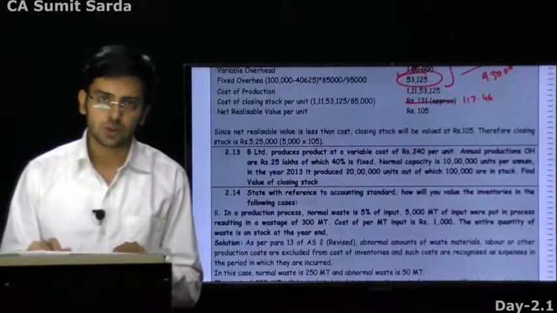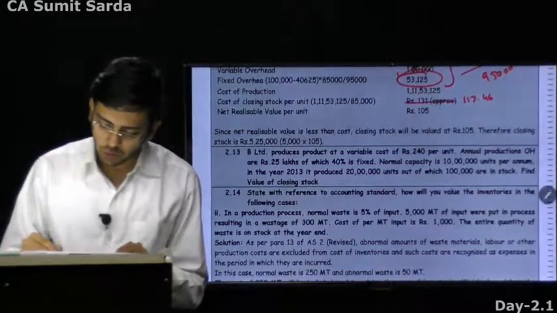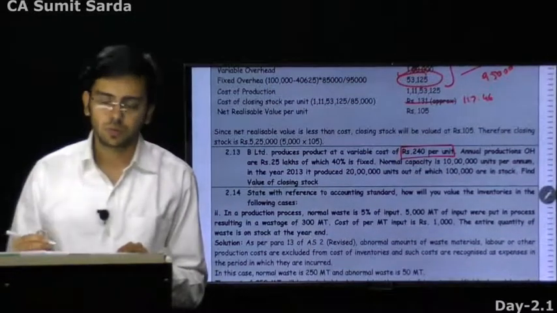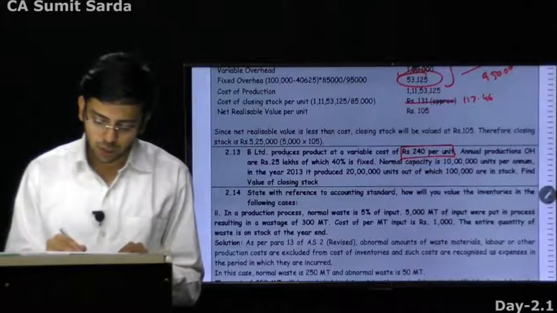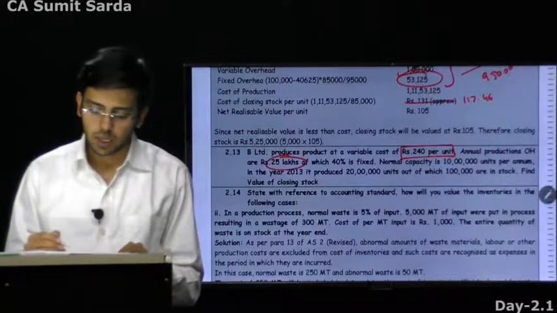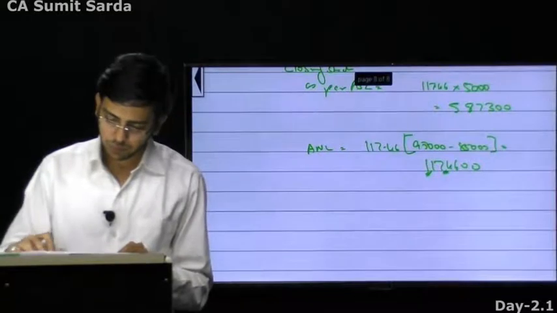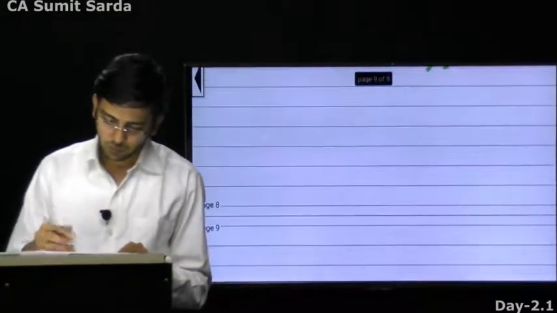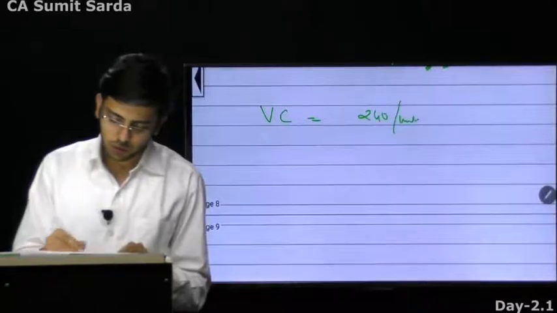So look at the next question. B Limited produces a product at a variable cost of 240 per unit. Annual production overhead are 25 lakh, of which 40% is fixed. So we have a variable cost of 240 per unit.